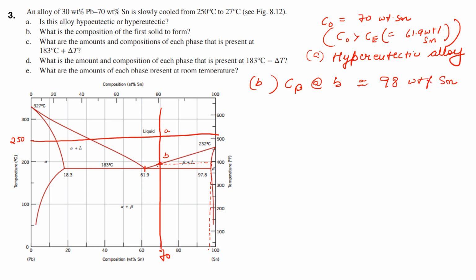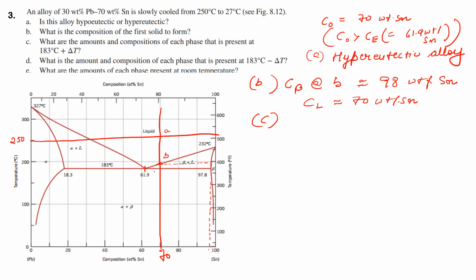And the liquid is almost 70. So C L here is almost equal to 70 weight percentage of tin. So you can calculate the different weight fractions of liquid and beta just below this point.